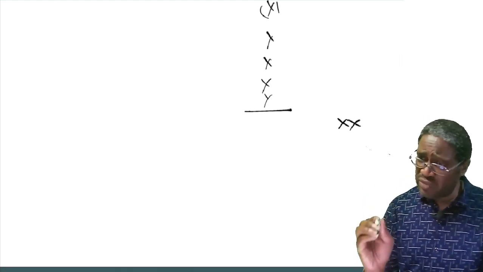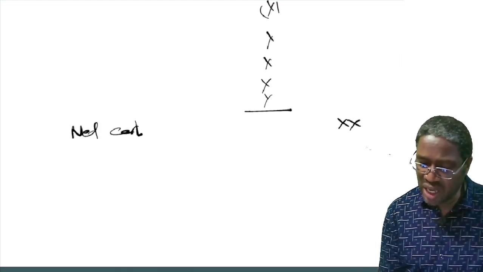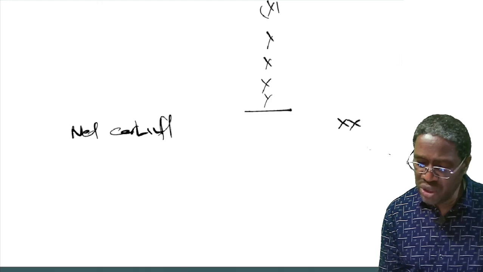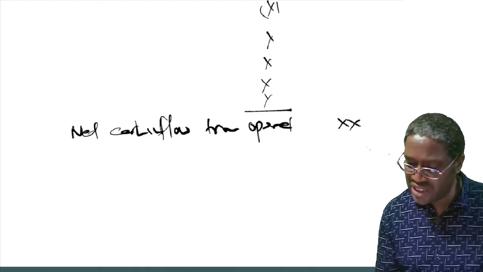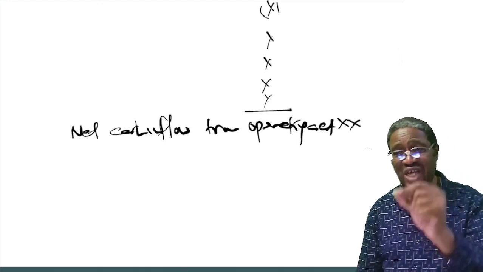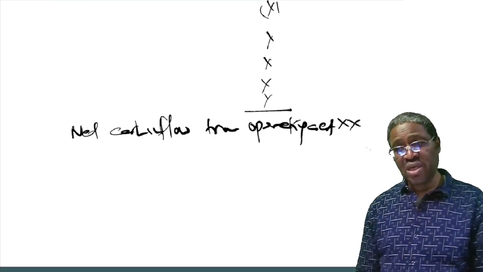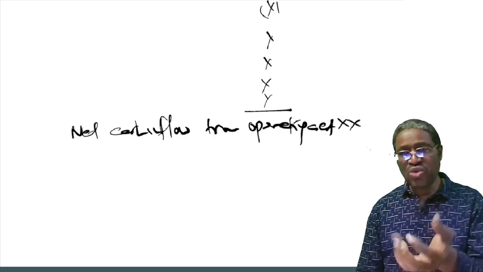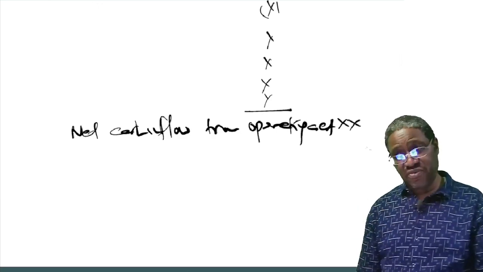If it's a positive amount, we used to call it net cash inflow from operating activities. If it was a negative, you call it net cash outflow from operating activity.